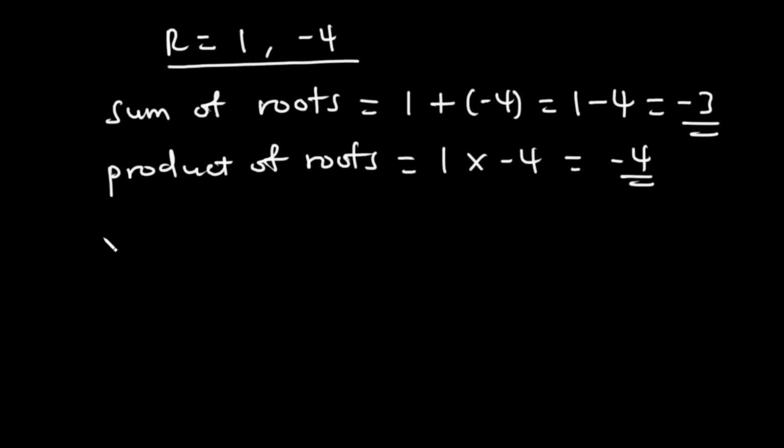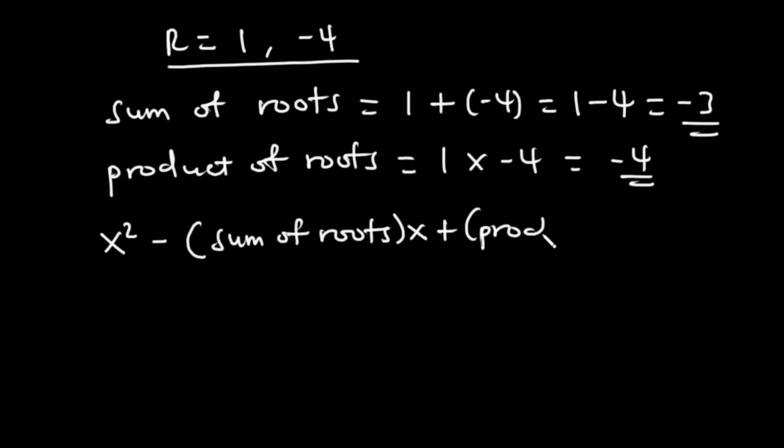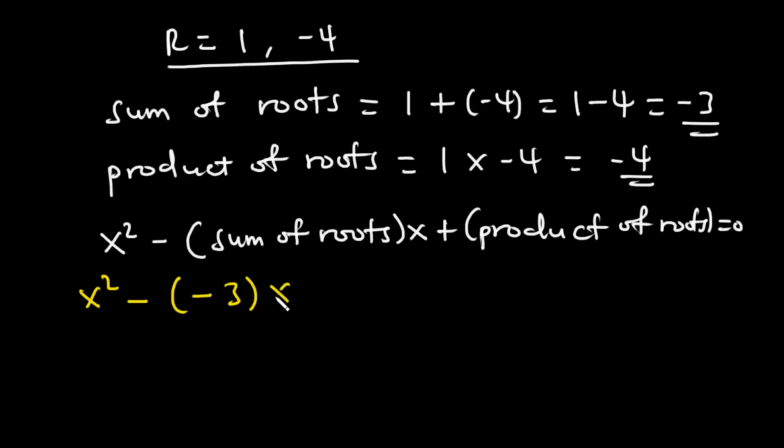Now using the formula x squared minus sum of roots x plus product of roots is equal to 0, we have x squared minus the sum of roots, which is negative 3, x plus the product, which is negative 4, and that's equal to 0.